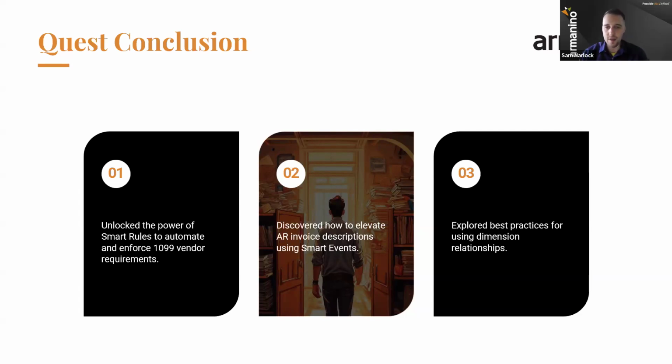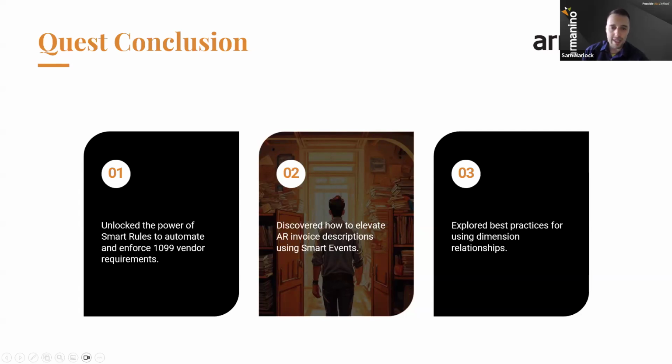And then finally, creating and utilizing dimension relationships, keeping things in line and ensuring that proper values are selected on each transaction. So again, if anybody has any immediate questions about any of these, feel free to come off mute or throw them in the Q&A. We did have a couple other questions that we could address as well. So I just want to give some time for both. Anybody has any?